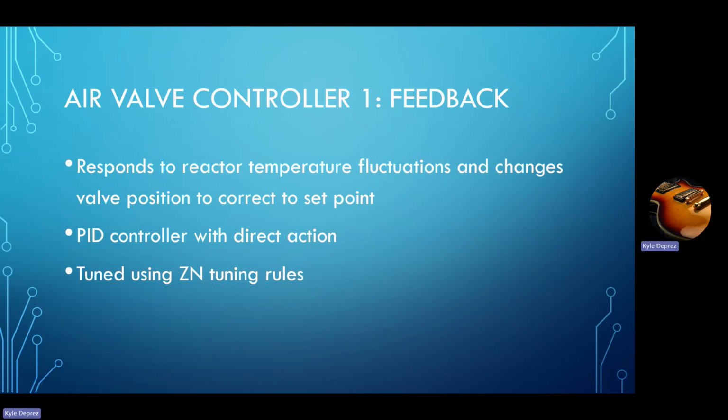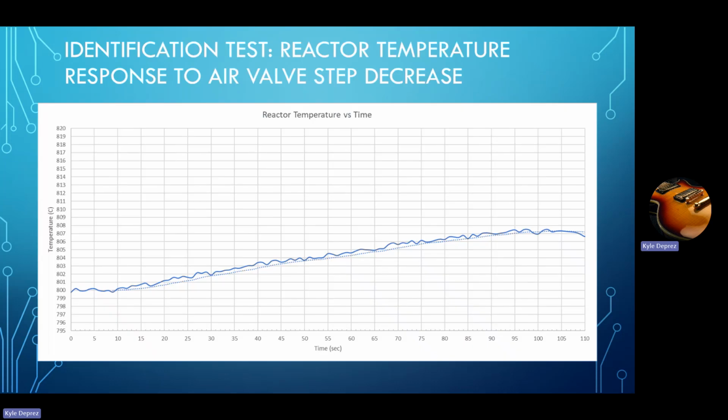So for our air valve controller, we had a feedback controller that responded to reactor temperature similar to the fuel valve controller, and it changed the valve position of the air valve to correct to the set point temperature. This was done using a PID controller that used direct action and tuned using Ziegler-Nichols tuning rules as well. For this identification test, we decreased the air valve position to get a temperature increase response.